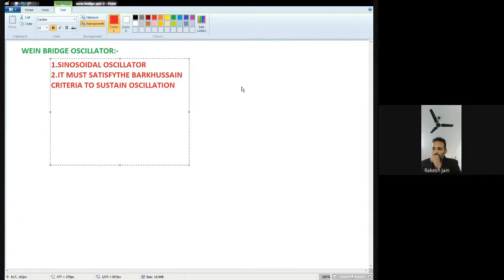Third thing is, it is an RC kind of oscillator. It consists of resistor and capacitor elements, that is a kind of RC oscillator.